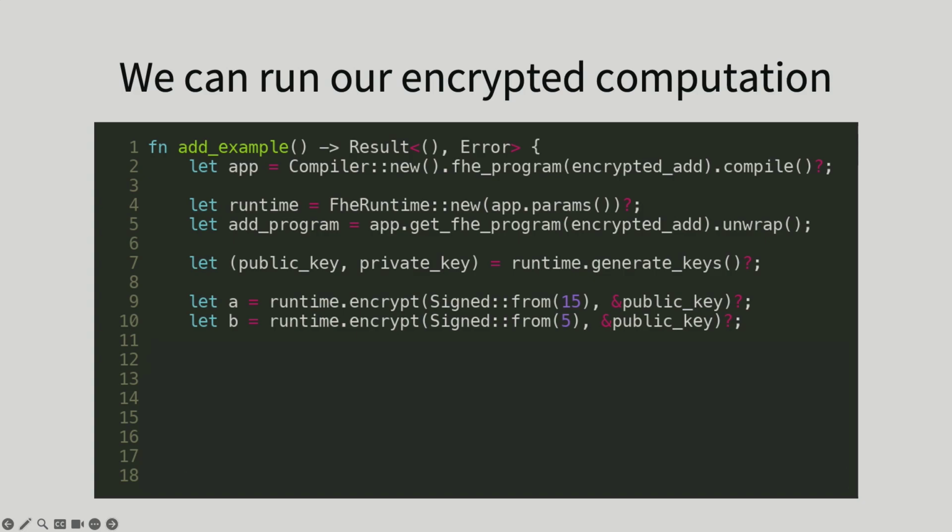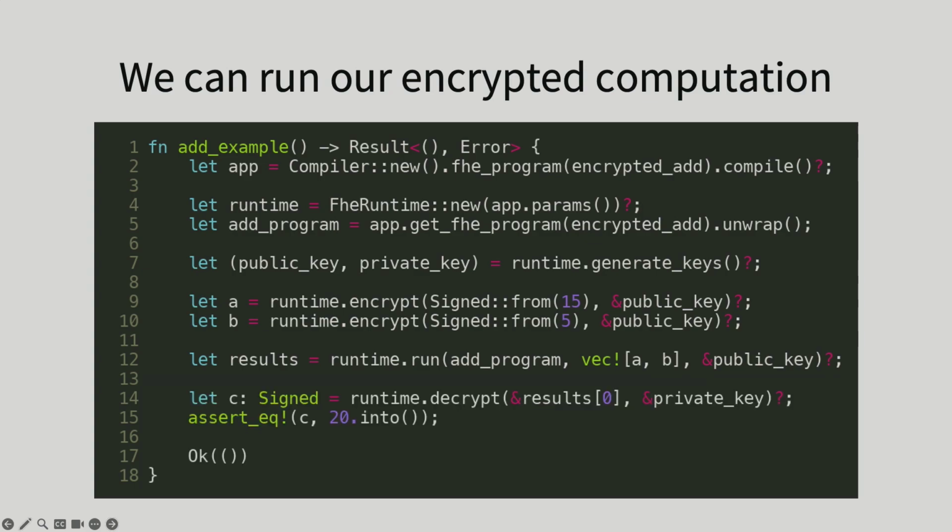In this case, we'll be encrypting just the numbers 15 and 5. And then finally, we'll run the program using our runtime. Here we just pass it the program that we want to run, add, and then we pass in the values, add with A and B, also passing in the public key. This will produce an encrypted result, which has the type of essentially Cipher of signed.